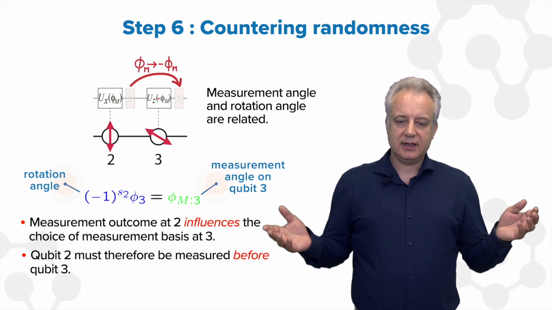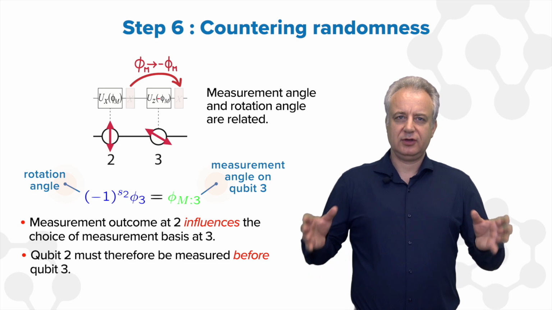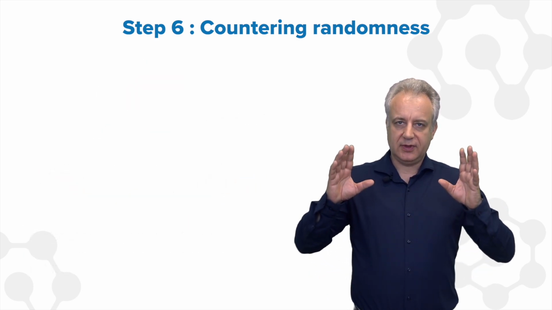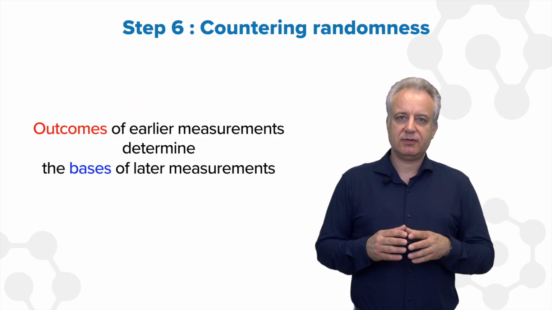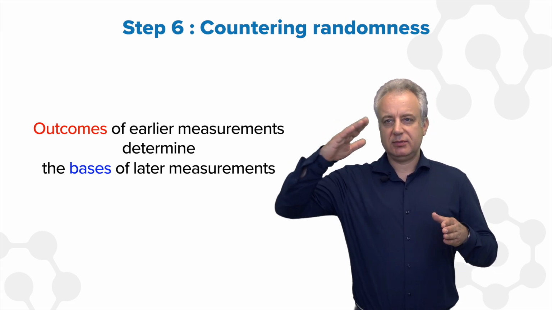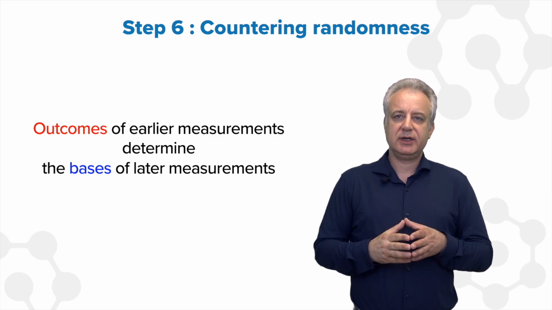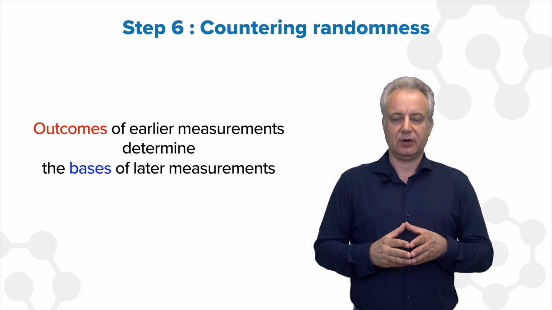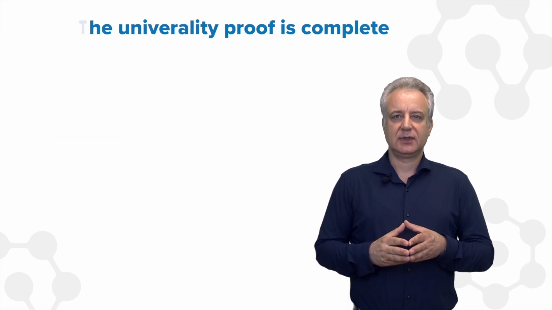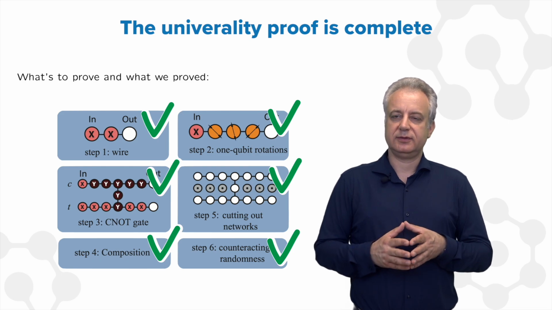So to summarize, the upshot is that the randomness of measurement outcomes determines temporal order of measurement, and measurement bases need to be adjusted according to measurement outcomes obtained before. Okay, and this completes the universality proof.